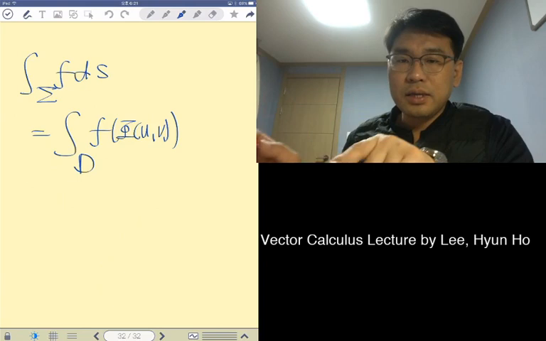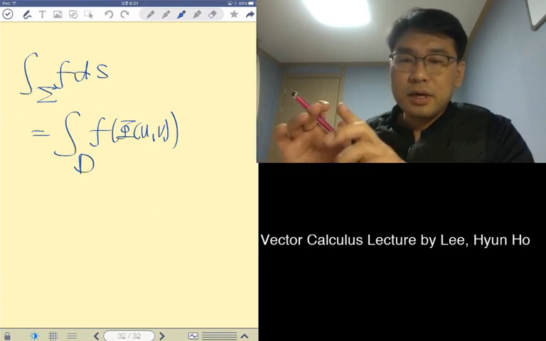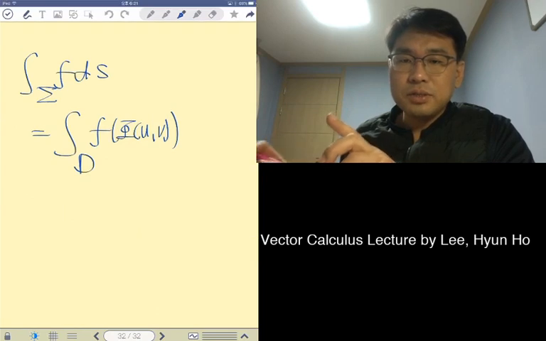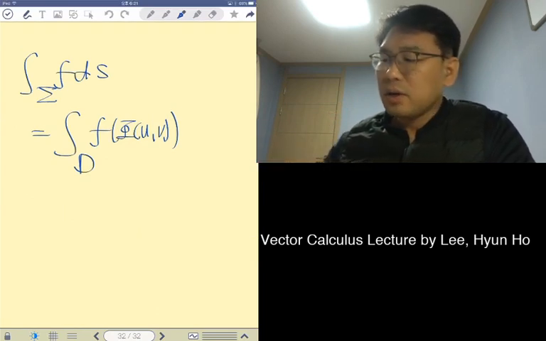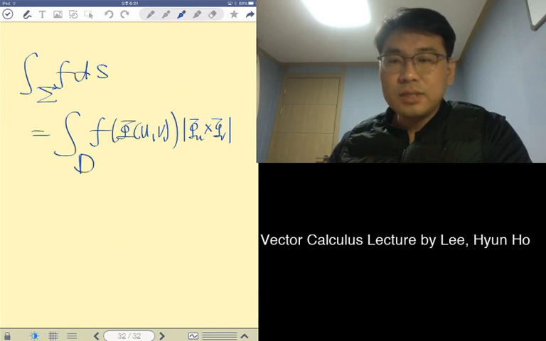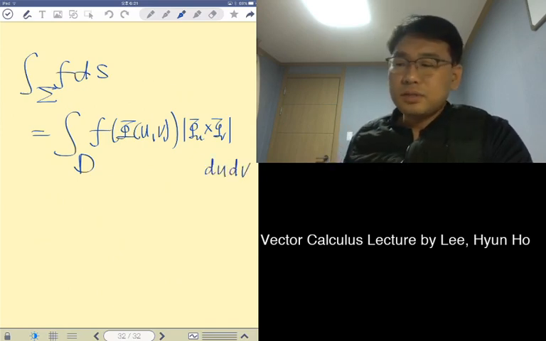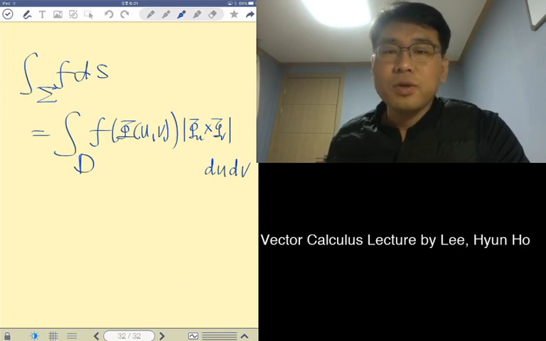The area on the surface is the area of the rectangular region times the rate of change. This is the formula we need.